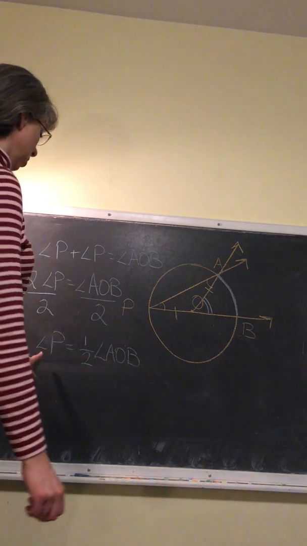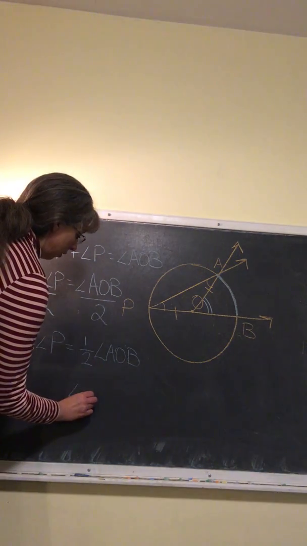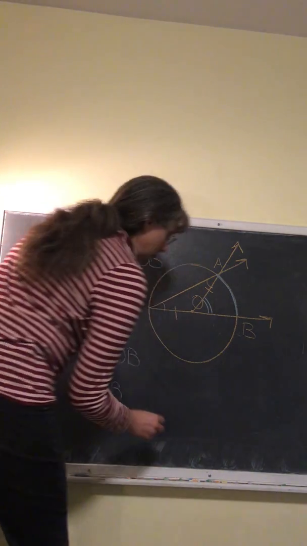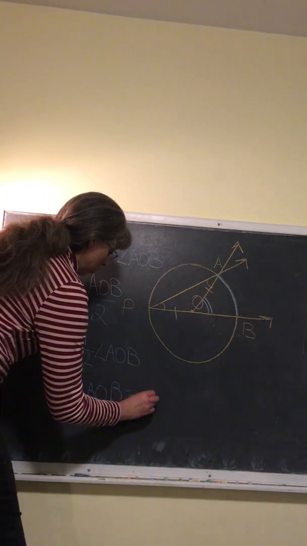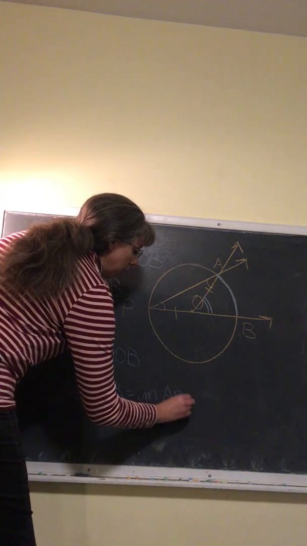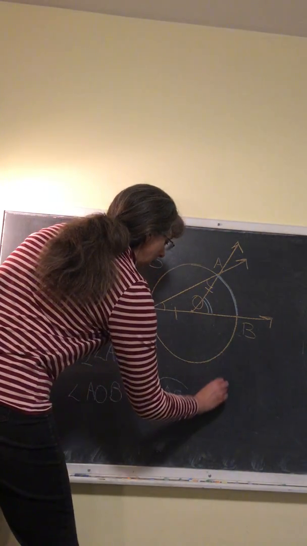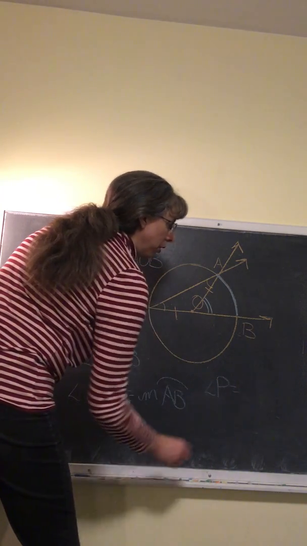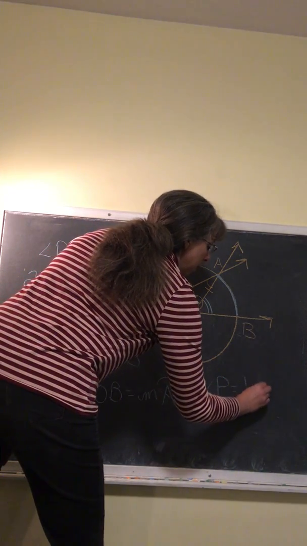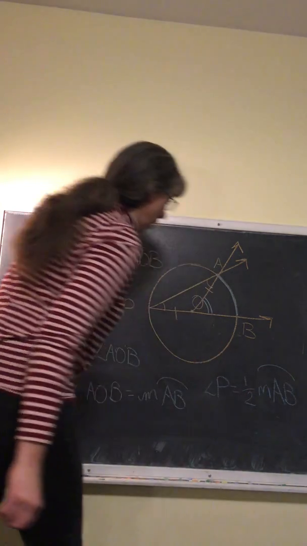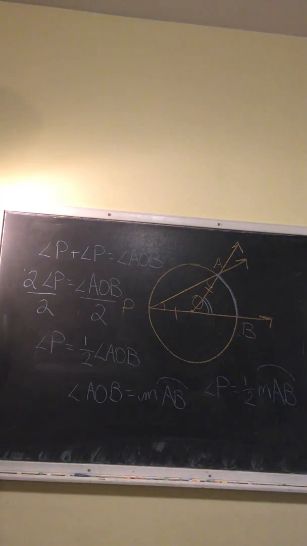And therefore, since angle AOB equals the measure of arc AB, then number 13, angle P equals 1/2 the measure of arc AB. And why is that true?